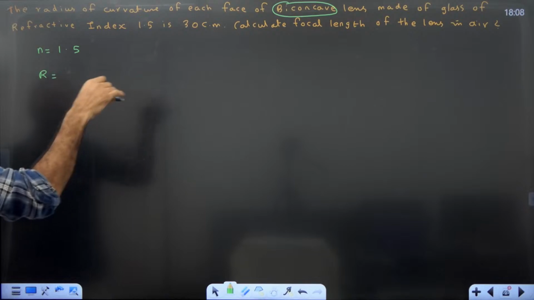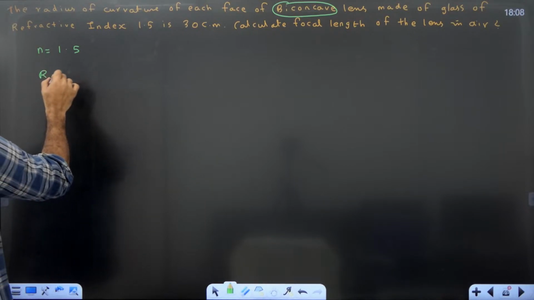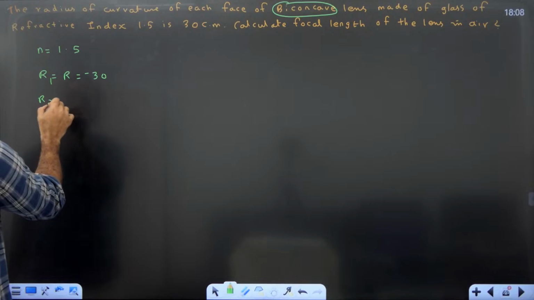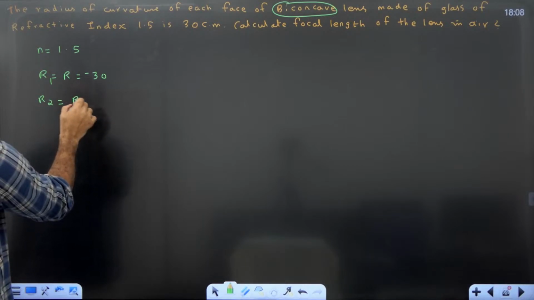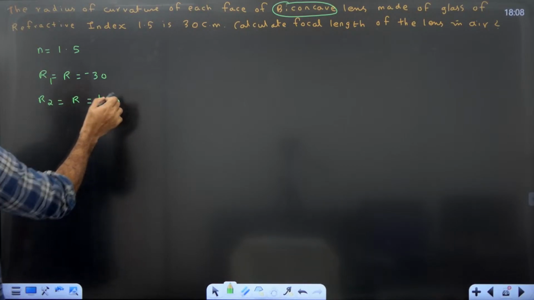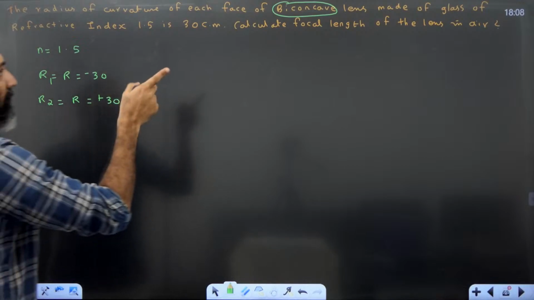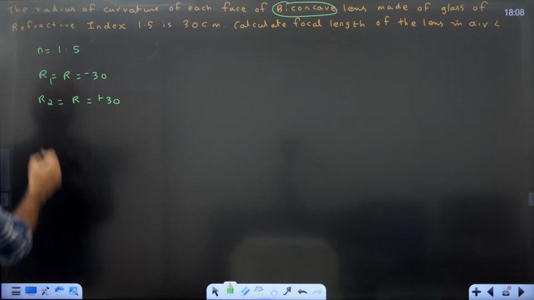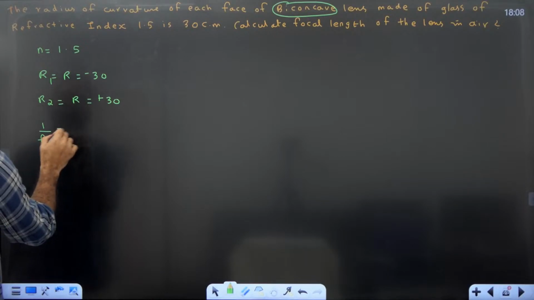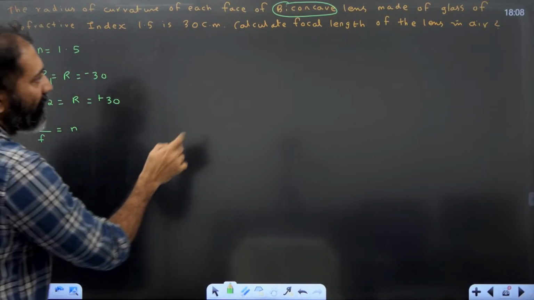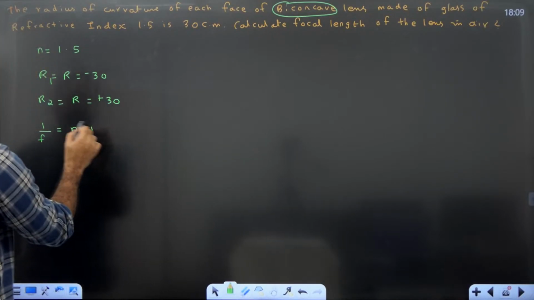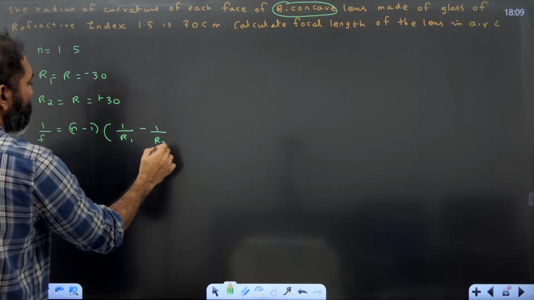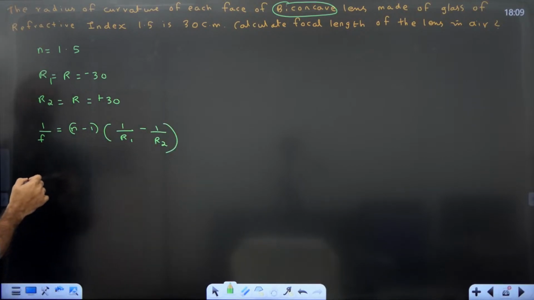Since it is concave, R1 is equal to minus 30 and R2 is equal to plus 30, because I know that in concave, the first radius is negative and the second radius is positive. So, lens maker formula: 1 by f equal to n2 minus n1, but because it is in air, it is n minus 1 into 1 by R1 minus 1 by R2.